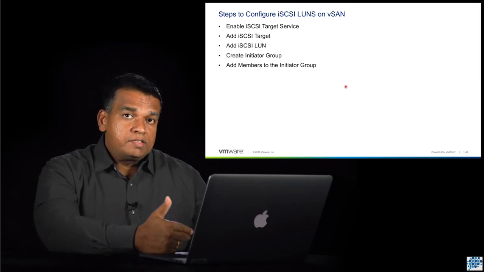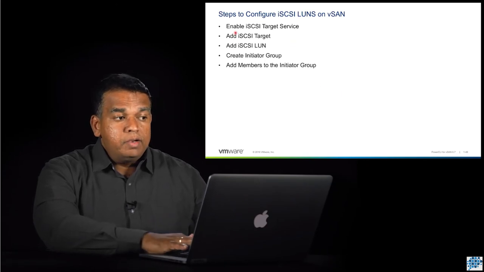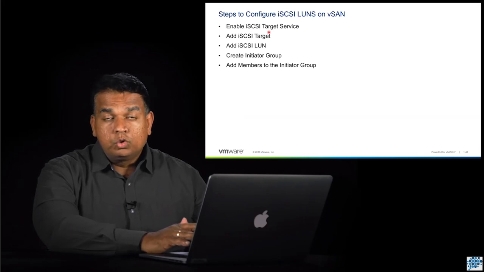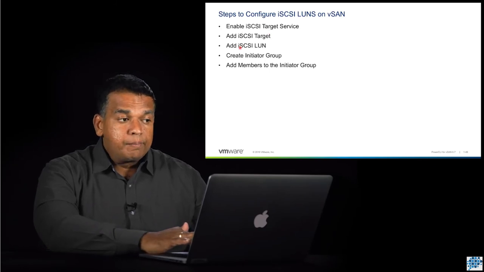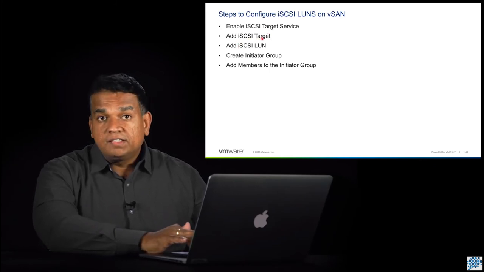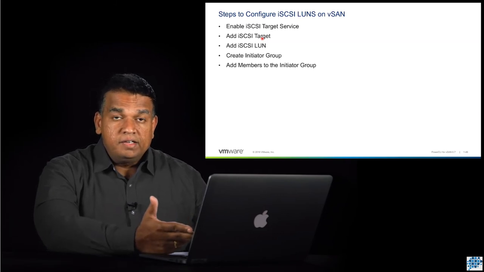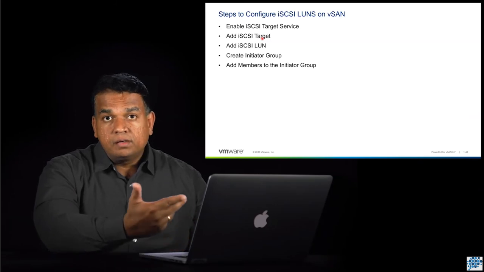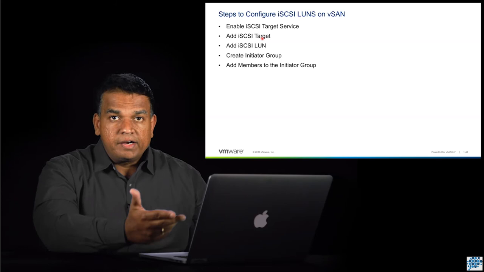First of all, let's have a brief overview of the steps we are going to follow here. First, we'll need to enable the iSCSI target service on the vSAN cluster. In my lab environment, I have not yet enabled the iSCSI service, so we'll need to enable that. Then we'll need to add an iSCSI target. In this case, the iSCSI target is going to be on the vSAN cluster, and a Microsoft host like a SQL server will connect to this target.